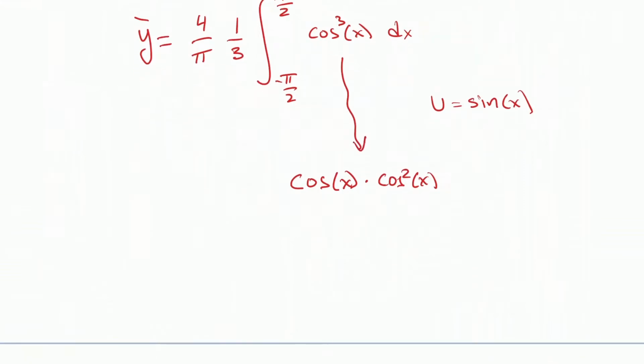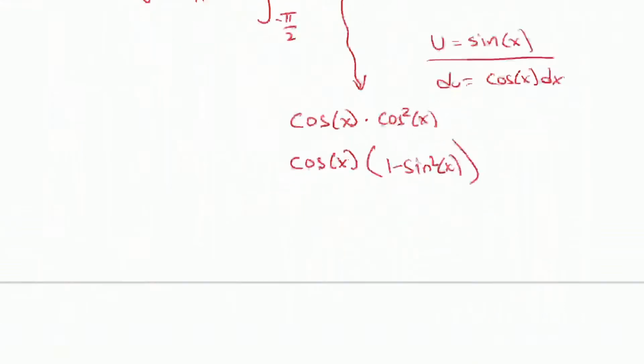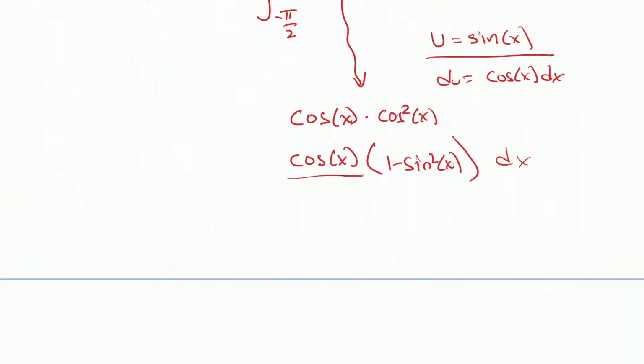I probably should have noticed that this was going to be ugly and not assigned it. But anyway, then this is cosine of x times 1 minus sine squared of x. And if you let u equal sine of x, then du is equal to cosine of x dx. And you can kind of see here that the cosine of x dx is my du.